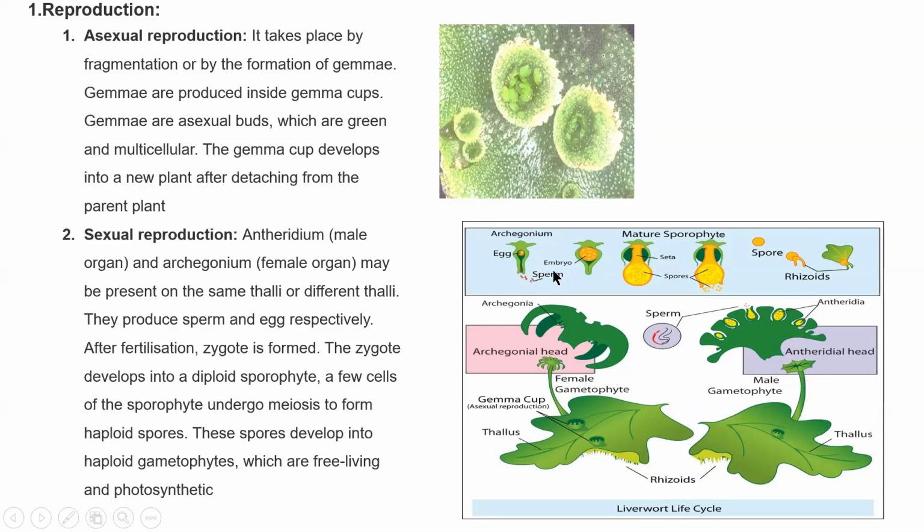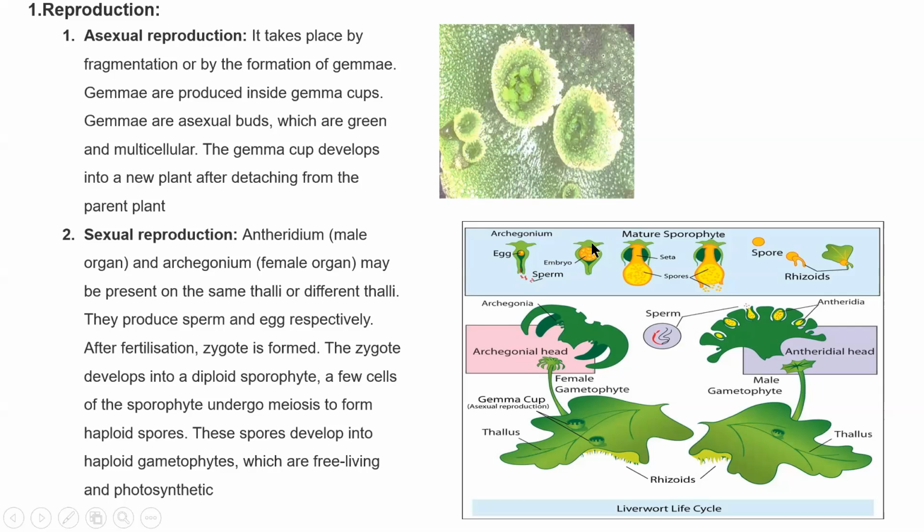The neck region of the archegonium secretes a certain chemical and forms a sticky region at the tip, which will attract the sperms released by the antheridia, and the sperm nucleus reaches the egg.